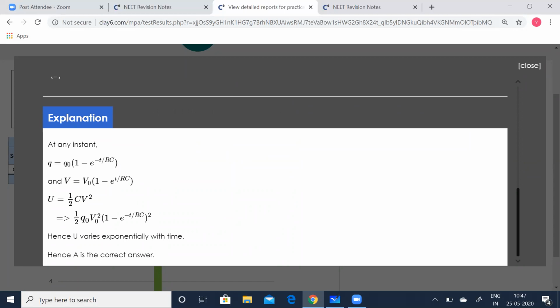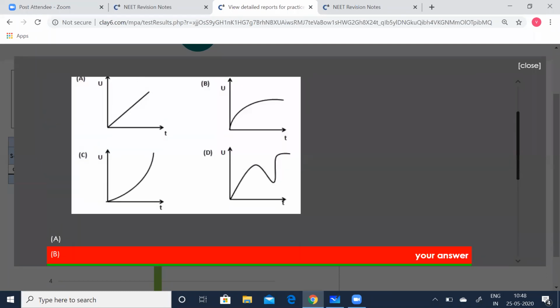So V is equal to V0 into 1 minus e to the power of minus t by RC, and U is equal to half CV squared, which is half into QV. So the other terms are constant, and it varies exponentially with time. He says option A is correct. No, it cannot be. It should be the exponential part. So B should be the correct option.